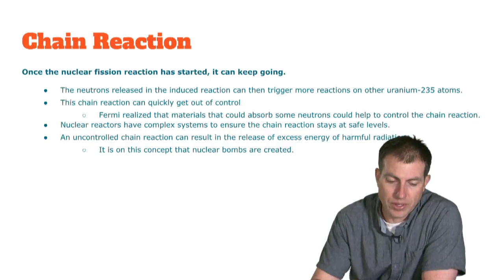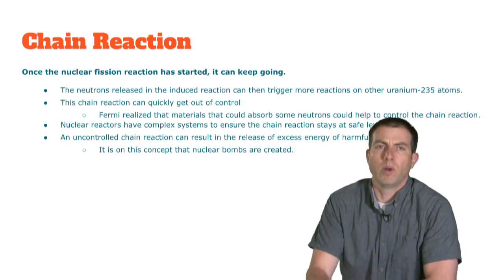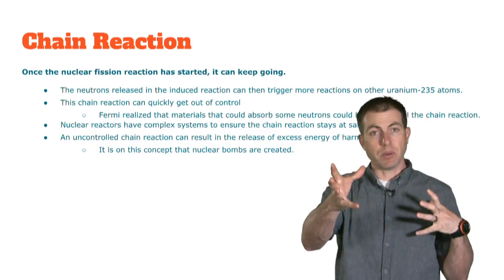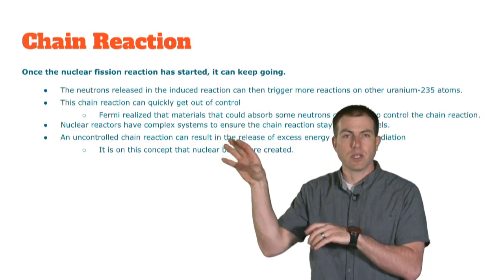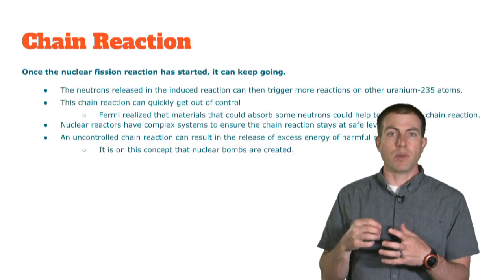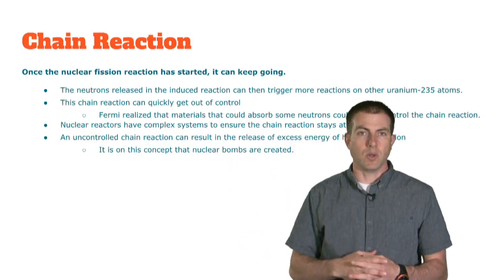The really cool thing about nuclear fission is that once it starts, we can keep it going. When that first neutron comes in, it gets in the nucleus and breaks apart into 2 things. You get 3 additional neutrons produced, and those 3 neutrons can go off and hit other uraniums. If they absorb them, then they break down, and they're each going to release 3 additional ones. So think about that.